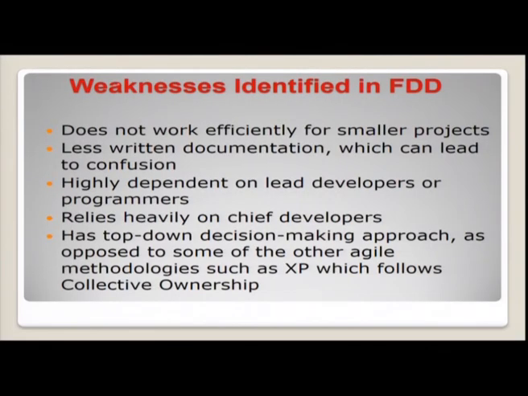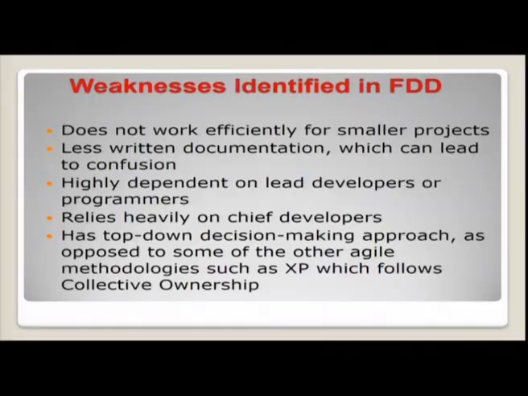It is highly dependent on lead developers or programmers, and relies heavily on chief developers. It has a top down decision making approach. This approach is opposed by many other agile methodologies like extreme programming.